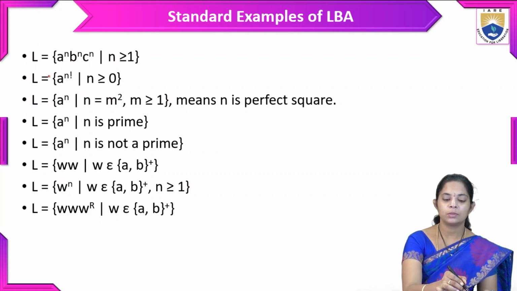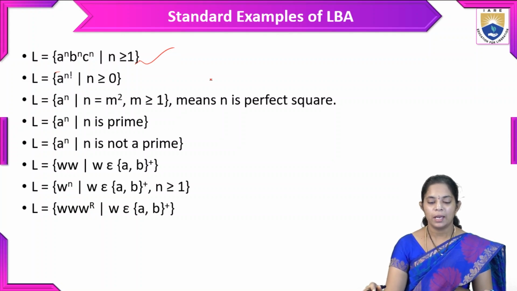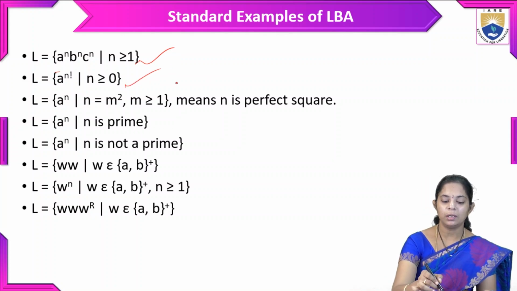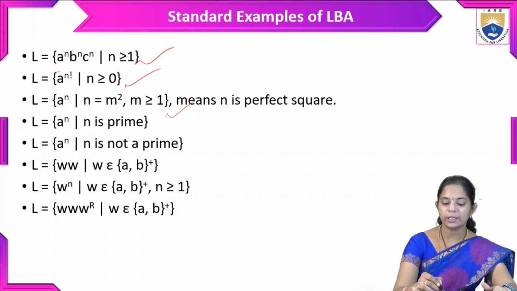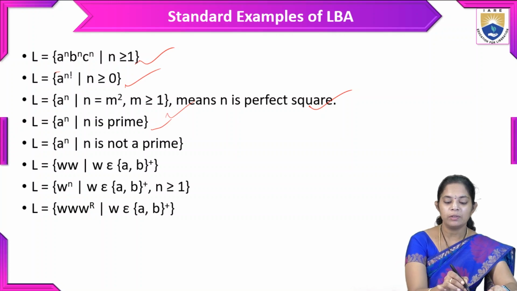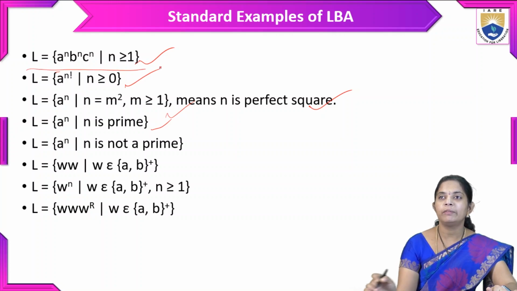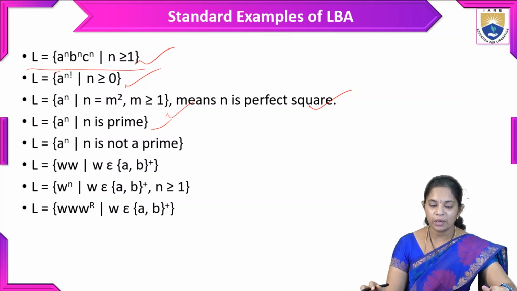The first one is a power n, b power n and c power n, then n factorial, and a power n where n is equal to m power 2. These are the different types of languages for which we can construct the linear bound automata. The most popular example we will discuss: a power n, b power n and c power n.